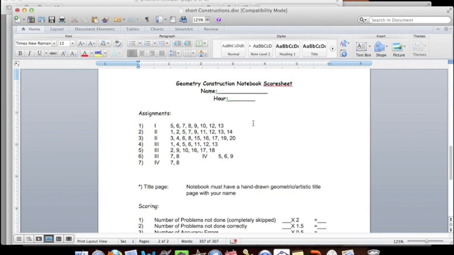Okay, so we'll be using just that one page of problems for all of the lessons, and then pay attention to which part of the sheet you should be doing the problems from. Any questions on just kind of the project in general? Okay, then let's start learning some constructions.